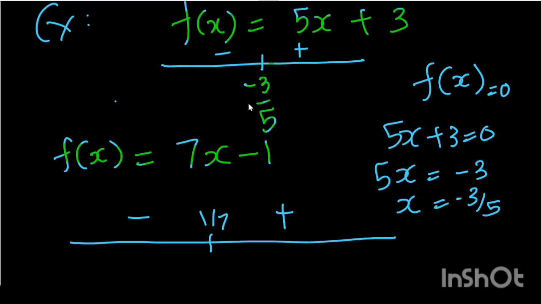Okay, so for various linear factors we get a point on the number line at which it vanishes, and then on the right side of that, all the values of x, if substituted in f(x), will make f(x) positive, and if we substitute all the values on the left side of that point, it will make f(x) negative, in 1 by 7 as well as in the case of minus 3 by 5.